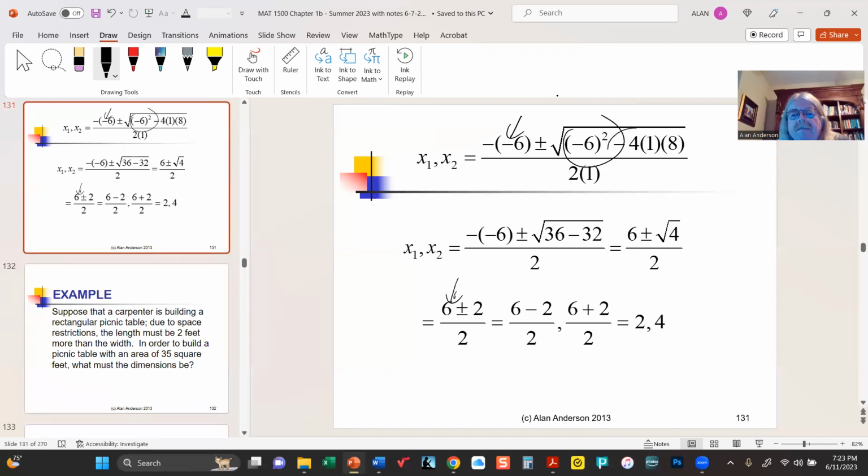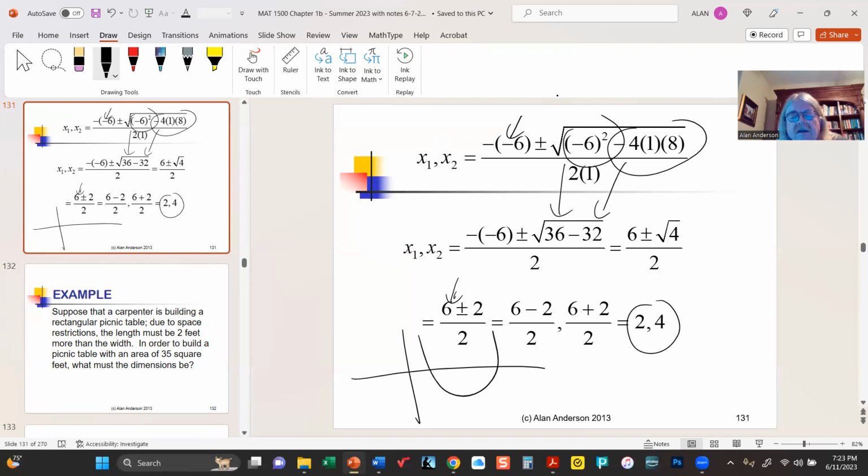We have 36 minus 32. So 6 plus or minus the square root of 4 over 2, or 6 plus or minus 2 over 2. When you split that up into 2 terms, you're going to have 4/2 and 8/2, which ends up giving us 2 and 4. Now, that means that both of these are on the right side here. But eventually the curve will continue to rise forever, and it will cover the entire real number line. But it just so happens that it crosses the horizontal axis at 2 different positive points, (2, 0) and (4, 0).